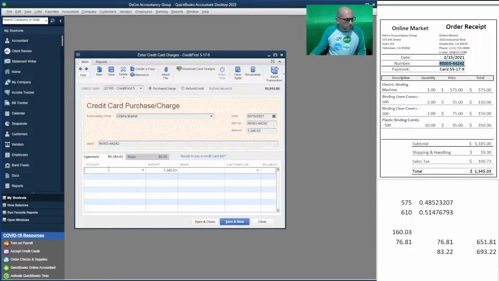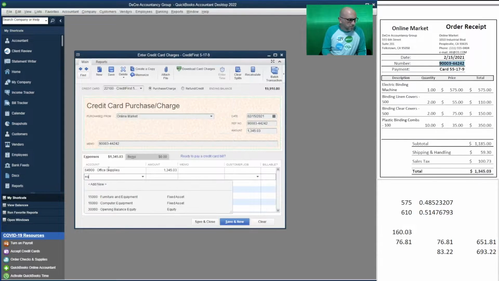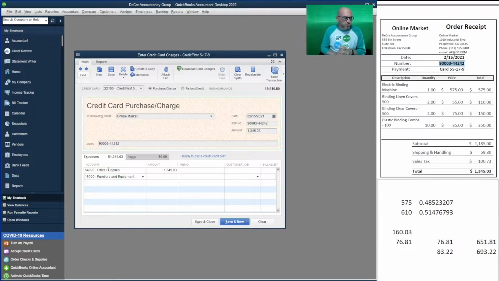All right, and here we have two things. We have our office supplies and we have our equipment. It's not computer equipment, it's furniture and equipment. Now, people say, well, what about these items? This is different. This is for inventory. We don't need to track it. Even though it says expenses, this is QuickBooks, made by programmers.